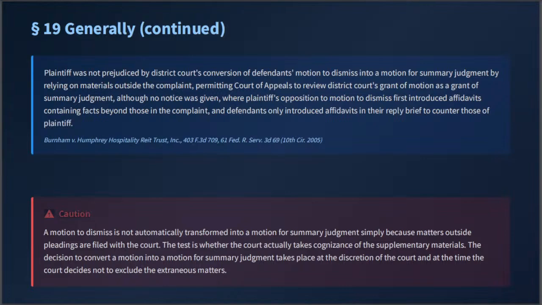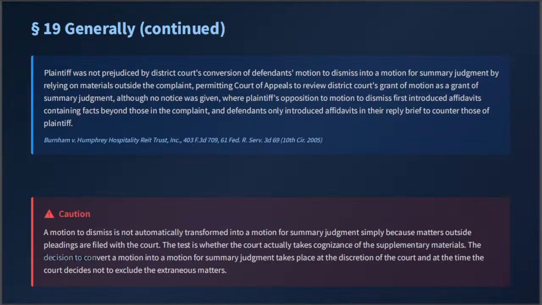So here's our caution. A motion to dismiss is not automatically transformed into a motion for summary judgment simply because matters outside the pleadings are filed with the court. The test is whether the court actually takes cognizance of the supplementary materials. So, interesting there.